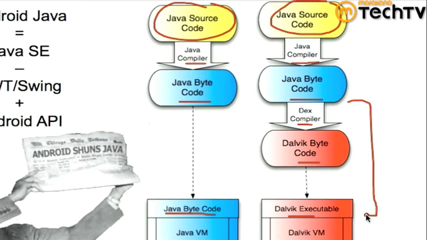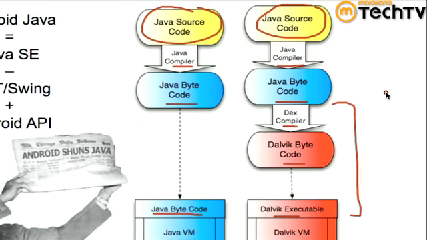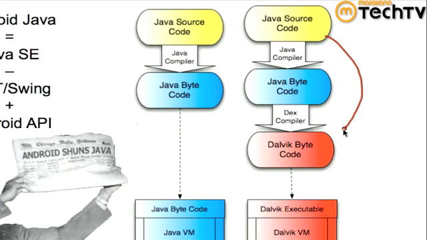A couple of things are interesting here. One question that I usually ask people is, why didn't they just go from Java source code straight to Dalvik bytecode? Why create this intermediary step and then toss that away?